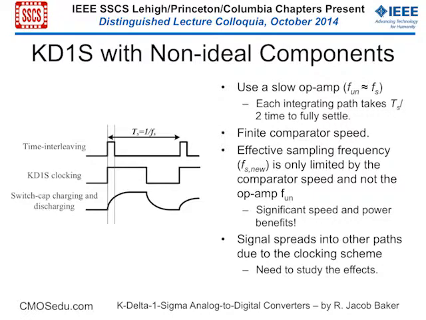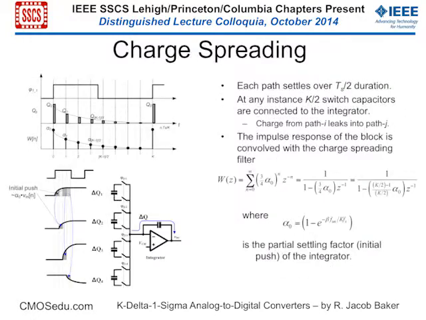And then how those things interact with the different paths. So here I've got several slides on this, showing the representation of how things go and the charge spreading from one cycle to another, and there's an approximation.